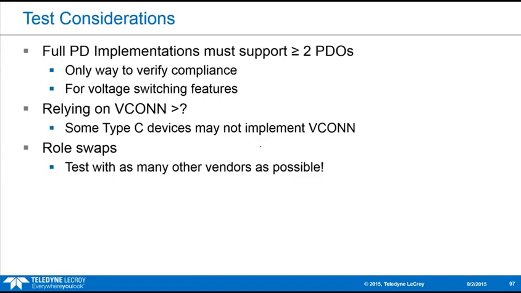So then basically the testers can't run a bunch of tests that are designed to verify that he can switch between different voltages properly. So they're ducking a bunch of tests. So going forward, it's going to be required that full PD silicon must support at least two PDOs.